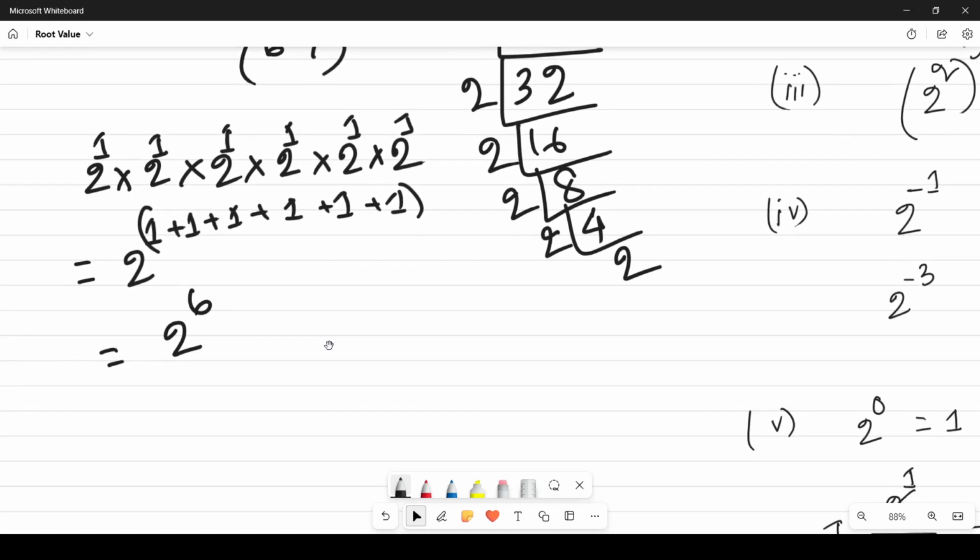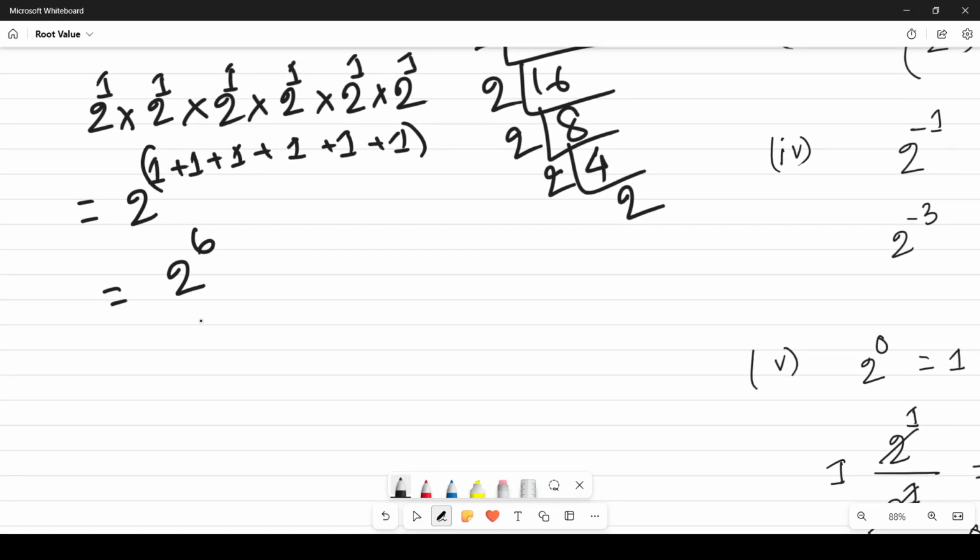So if we represent 64 as 2 to the power 6, what do we get? We get 2 to the power 6, raised to the power half. And what's the law of indices? If a base with a power is raised to another power, then these two powers get multiplied with each other.